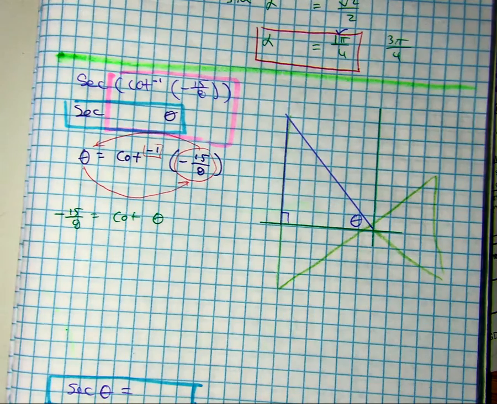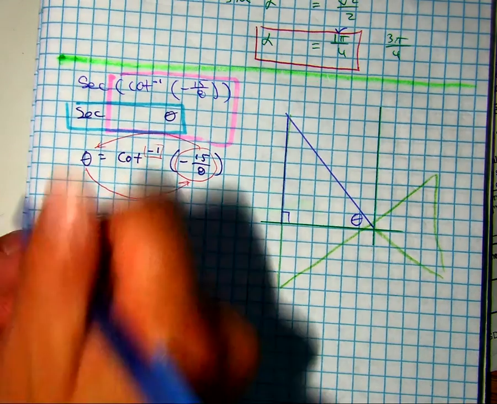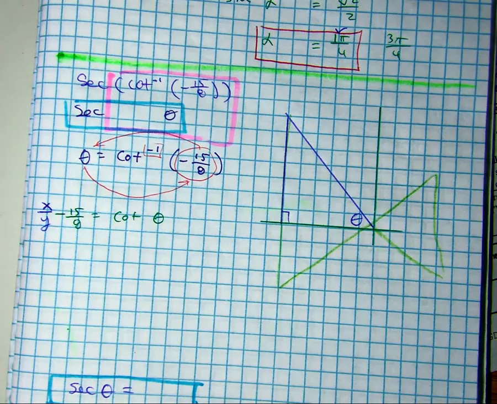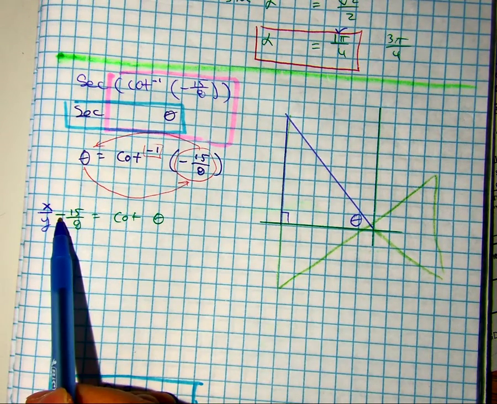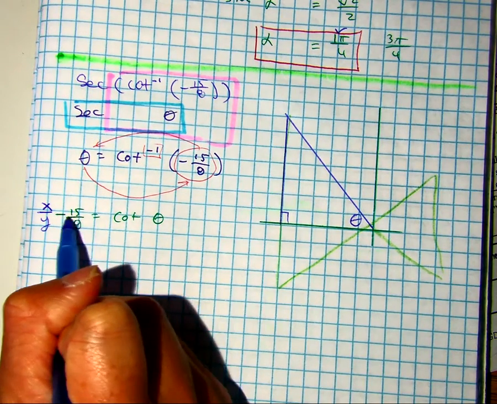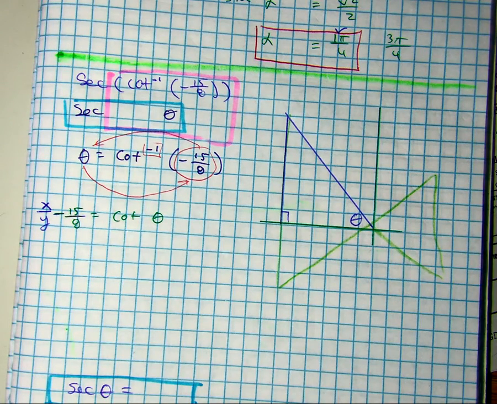Okay. What do we know about cotangent? What letters? X, Y, and R? Okay, I'm going to put that over here. X over Y. Okay, let's think about this. Where is the negative? I meant to write it in the middle between the fraction line, right? Does that make sense? The question is, think to yourself, where is the negative?